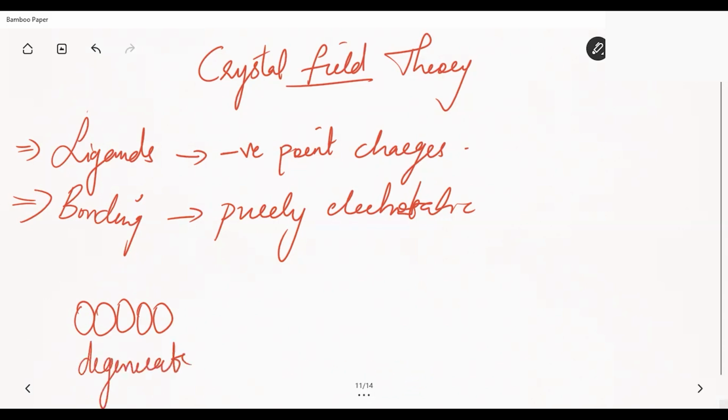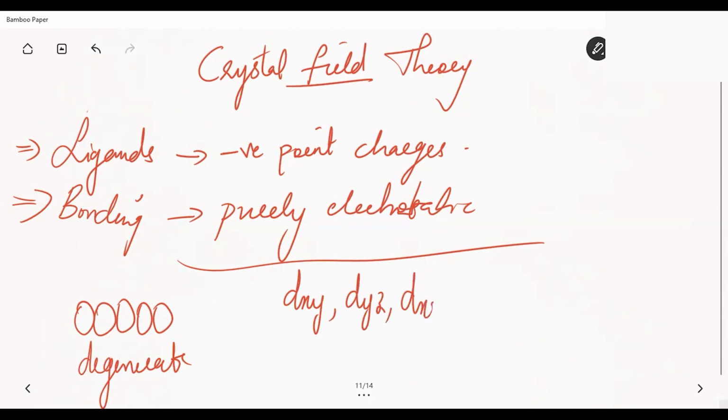What are the different d orbitals of a metal? dxy, dyz, dxz, dx square minus y square, and dz square. These are the 5 d orbitals of the metal. They have the same energy in the case of a free metal atom or ion.